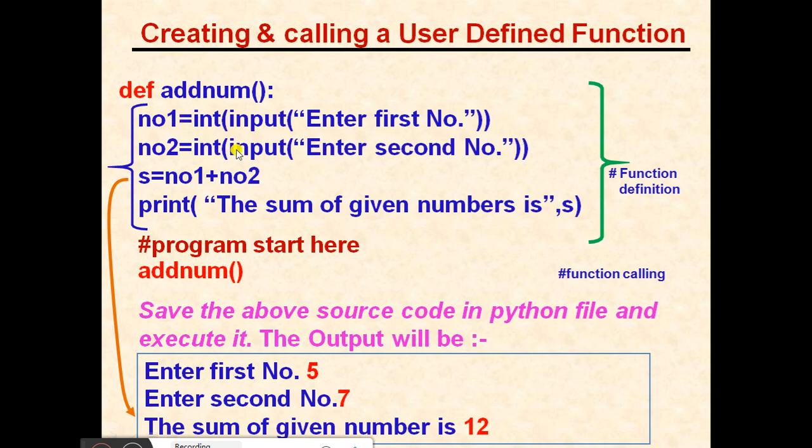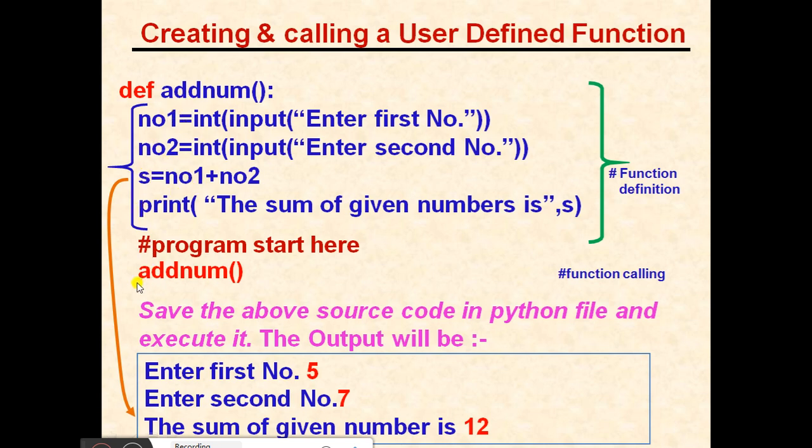Similarly, we get the next input and store it in num2. S is a third variable where num1 plus num2 is added and assigned to S. Next instruction, print, will display the result assigned to S. Now, this is the definition part of the add num function. It is not executed, it is just defined here.